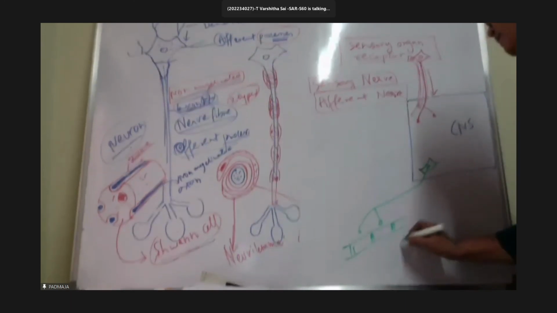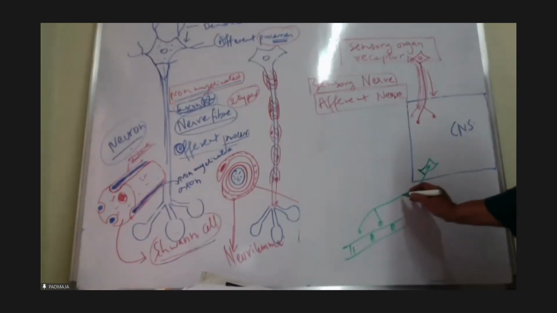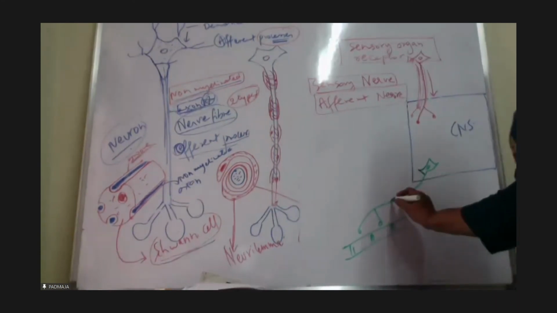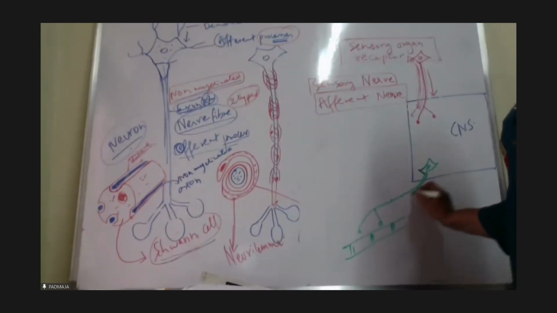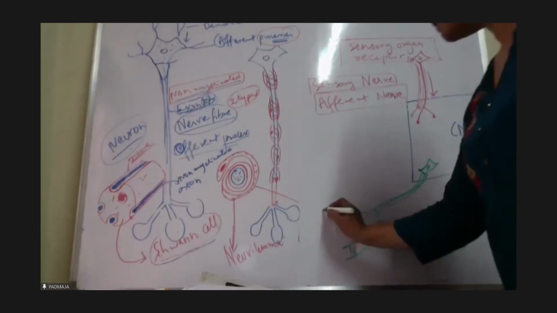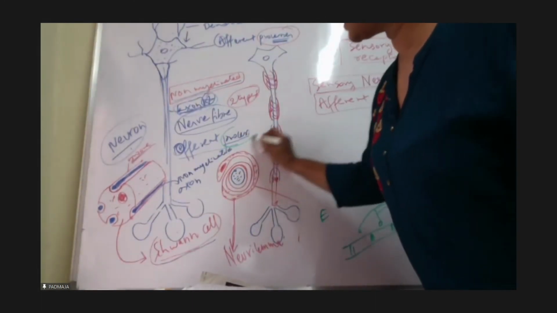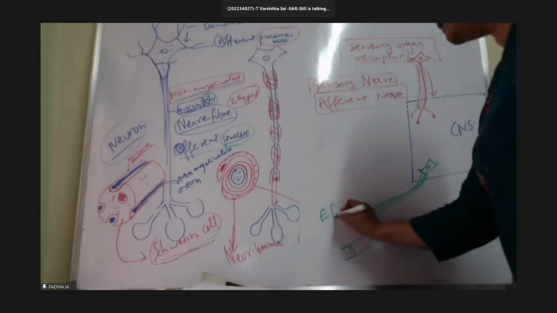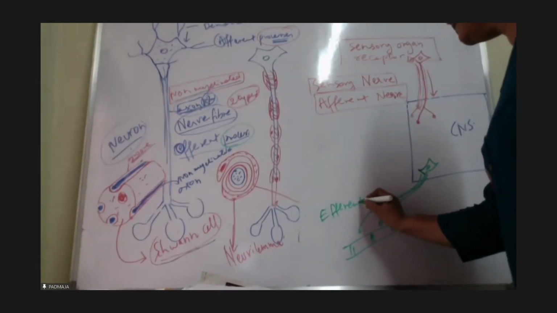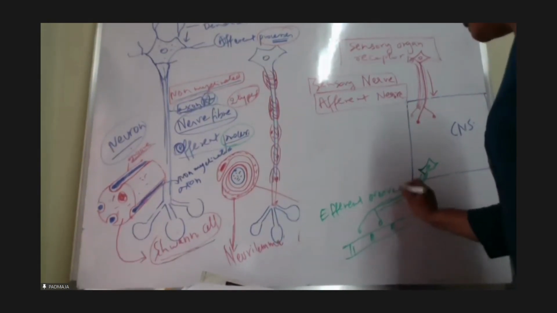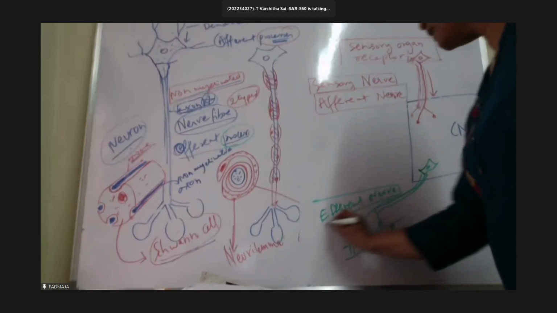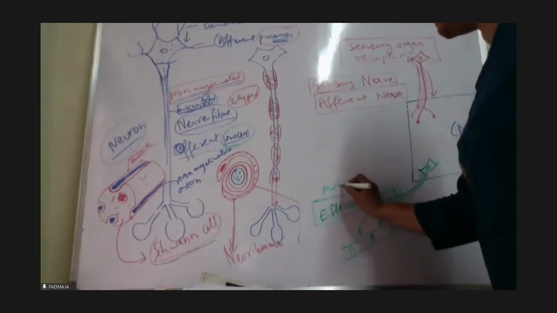So what is this nerve? Efferent. Yes. Motor. This is an efferent process, but this is an efferent nerve. And another name? Motor nerve. Yes, good, because it is bringing movement.